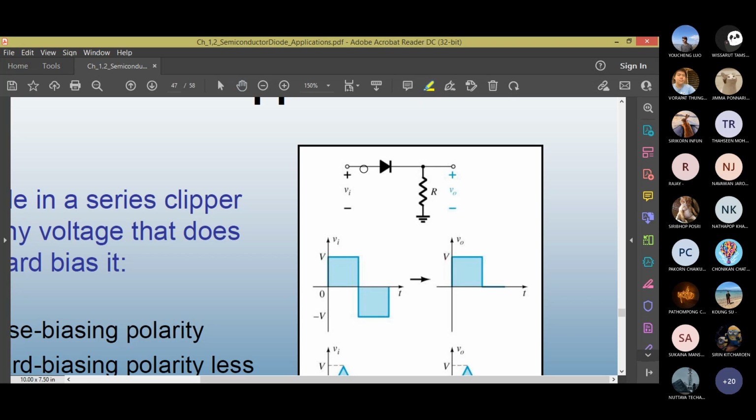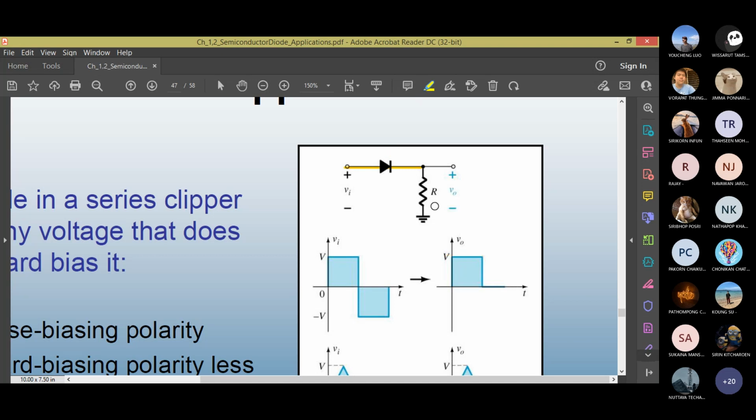Diode is on, conducting. What is V out? This is an ideal diode. VD is 0 when it is a closed switch. VI minus 0 minus V out equals 0. V out is equal to V.